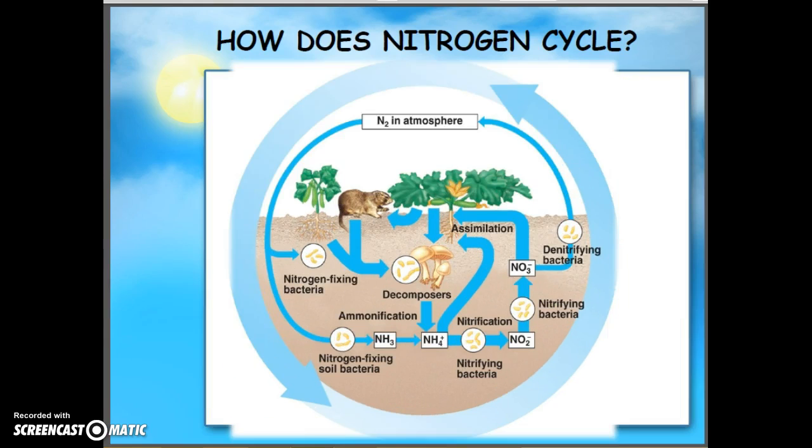So if you take a look at the image here, you have the bacteria converting the nitrogen into ammonia, and that ammonia will be sent to nitrogen fixing bacteria. It will then convert it to ammonium, and then decomposers will decompose the material, get the nitrogen by itself, and the process starts all over again.